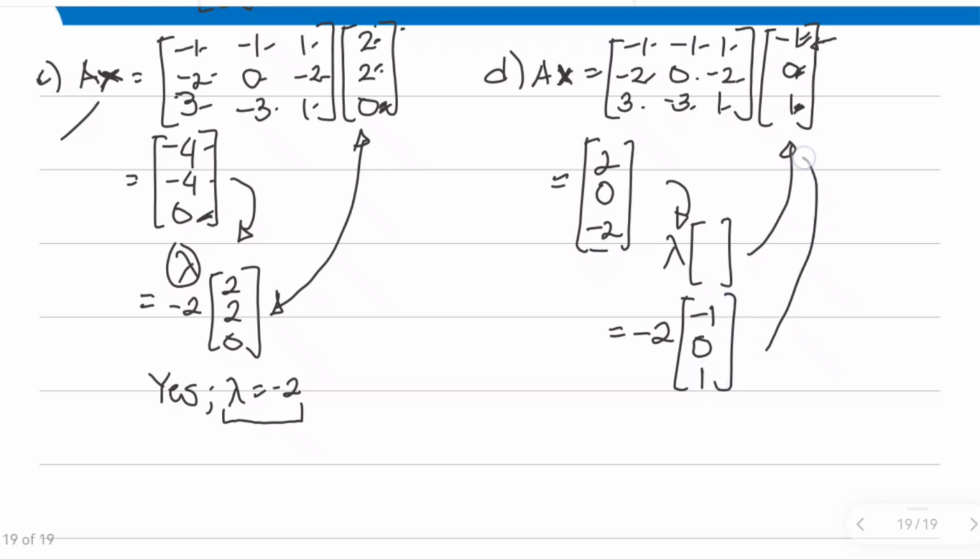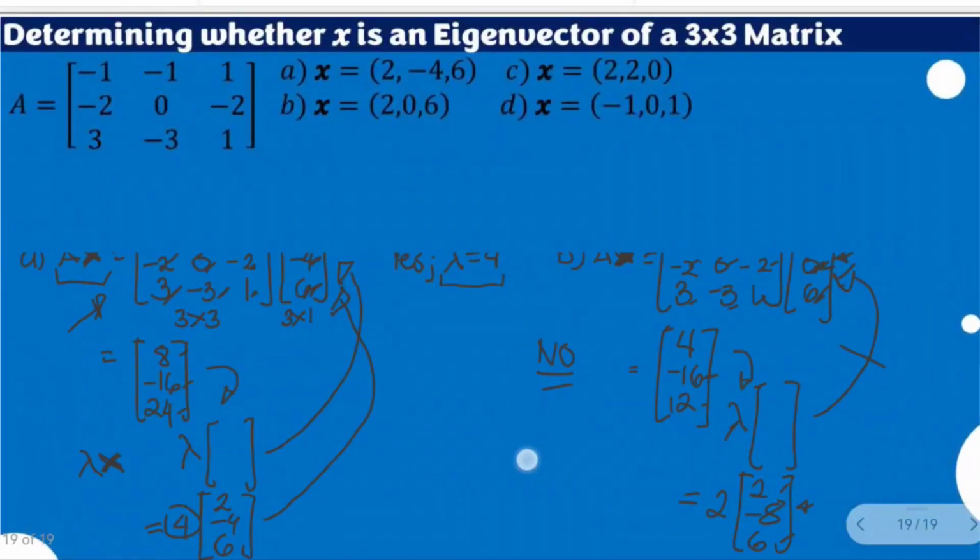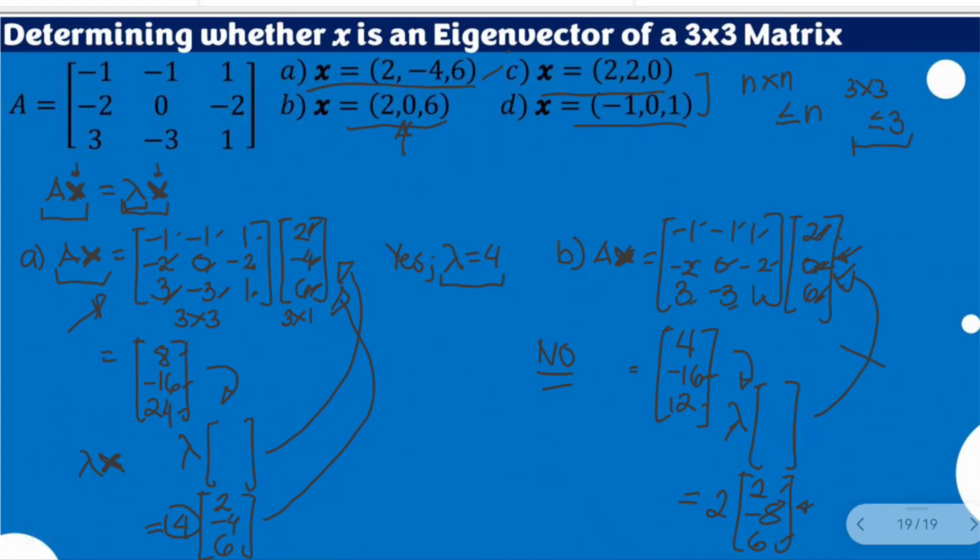See that it meets the original vector. In short, the vector in letter D is also an eigenvector with the same lambda of negative 2 as this one here. And this is also the eigenvalue for the specific eigenvector. This is how we verify the presence of an eigenvector in terms of vector x that will satisfy the given matrix together with the correct eigenvalues.